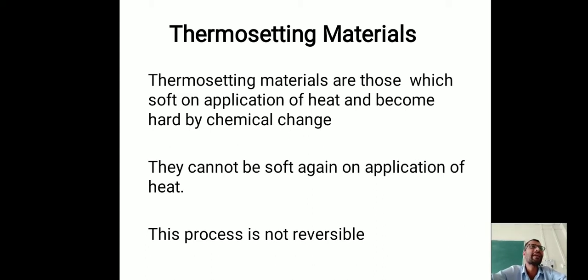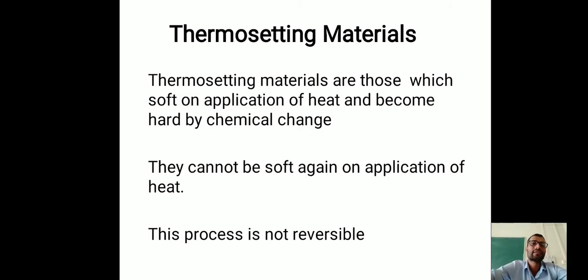After that, if we supply heat, their dimension never changes. Thermosetting means if we supply heat, it gets soft. If we cool it, the dimension gets fixed. After that, if we supply heat, there is no effect of the heat, because the dimension will remain as it is.